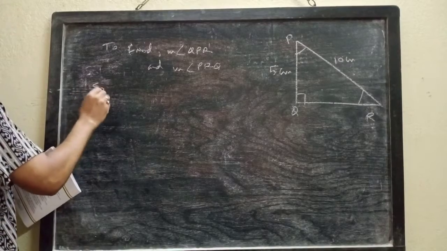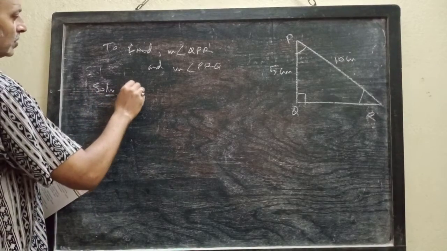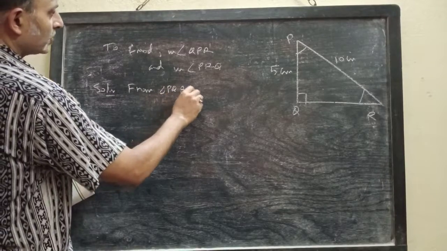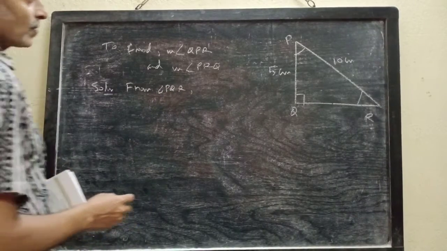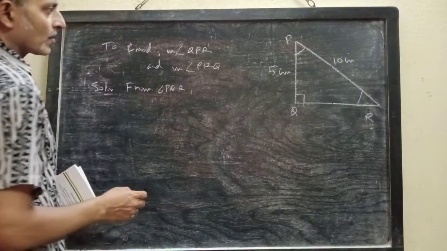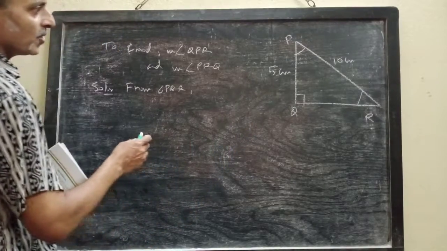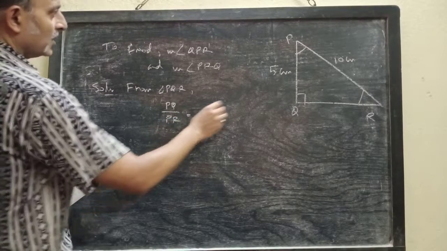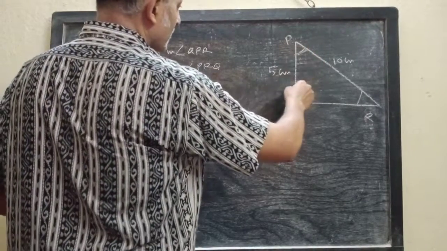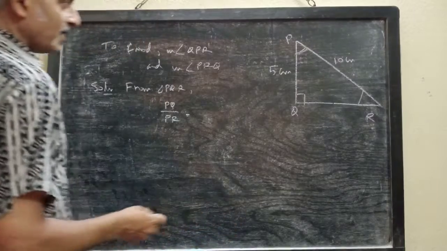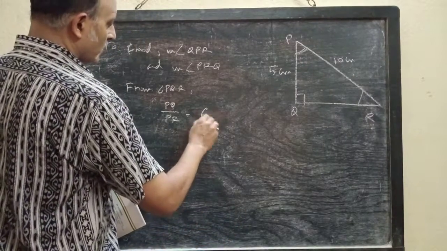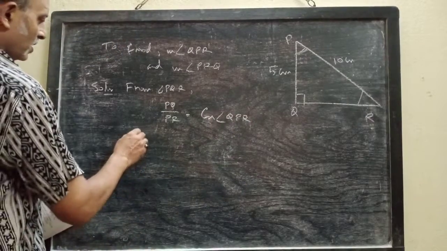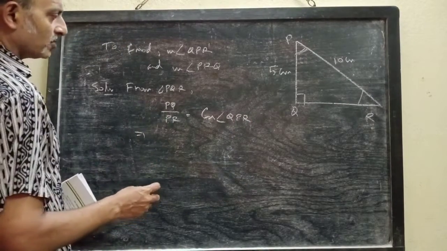The solution. From triangle PQR, if we write PQ by PR and consider this angle, so this will become B by H, so this will be cos of angle QPR. Now we know both the values of PQ and PR.